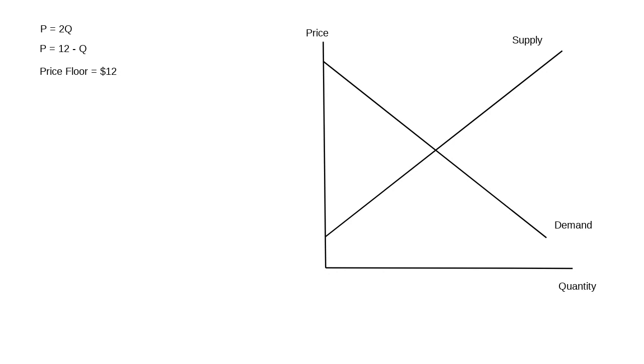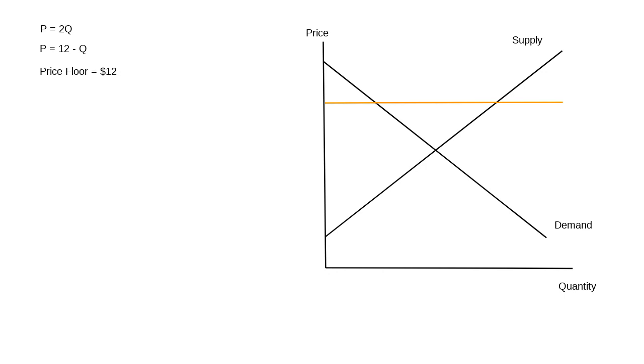Okay, so we know that there are two types of price floors: a binding price floor and a non-binding price floor. If we have a price floor that appears here, this would be a binding price floor.